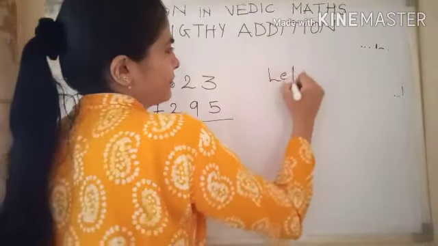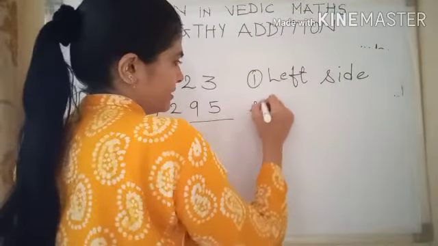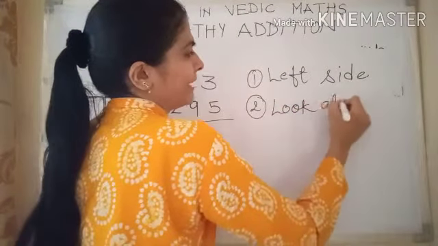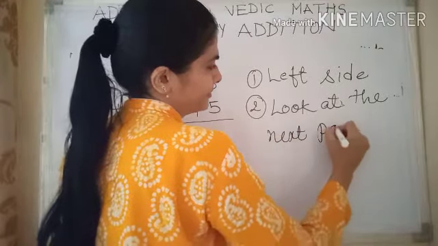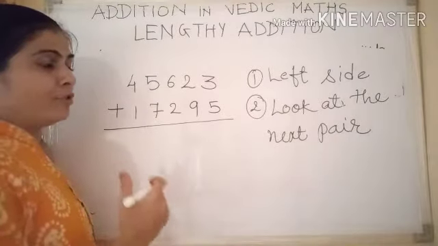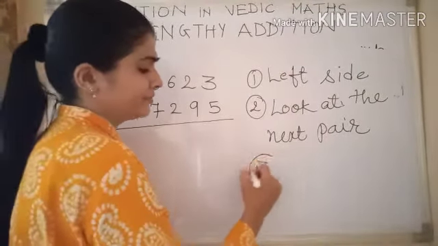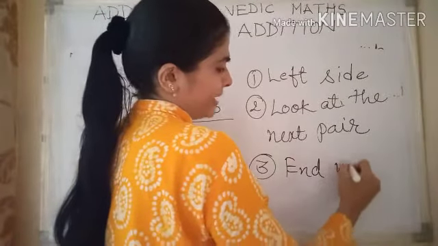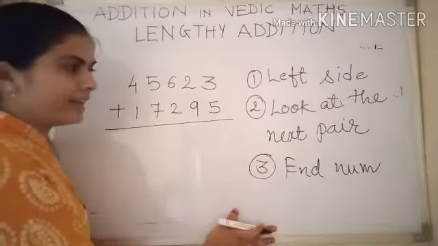Start from the left side, that is the first rule. Second rule is look at the next pair before adding the number. And third, we should have practice of the end numbers. That should be kept in our mind.